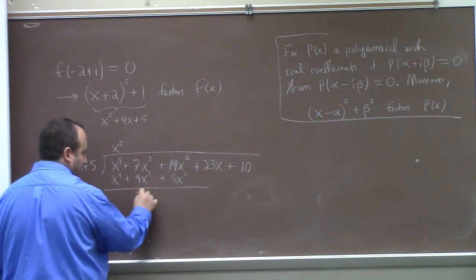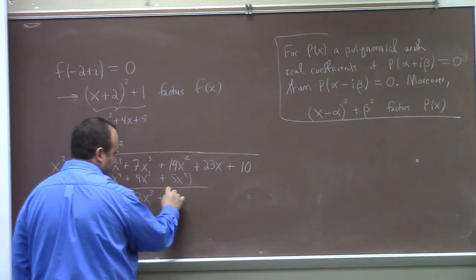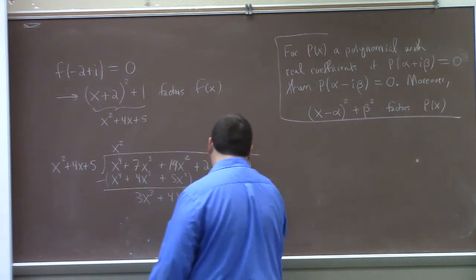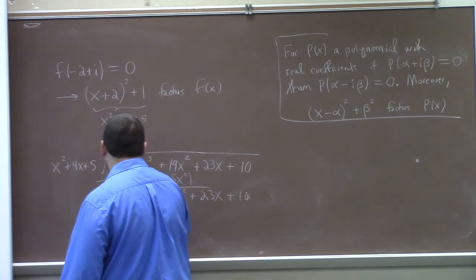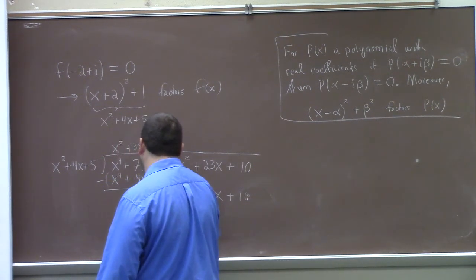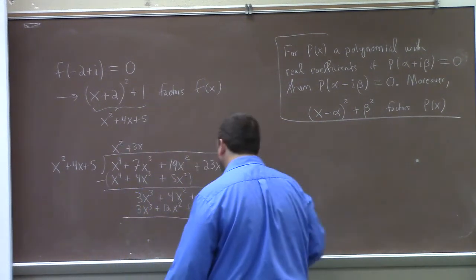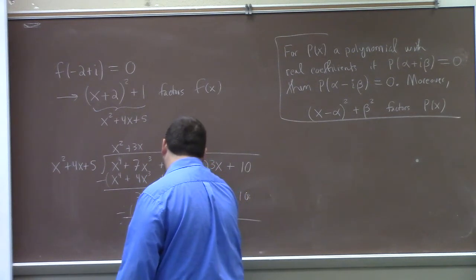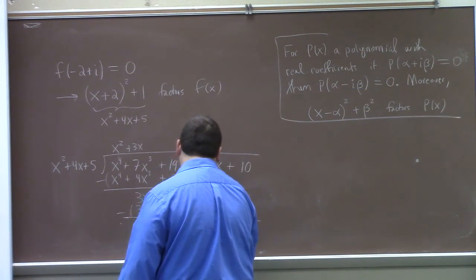So we get 3x cubed plus 4x squared. So plus 3x, yeah? So that gives us minus 8x squared plus 8x. Oh, that feels wrong. Plus 10.